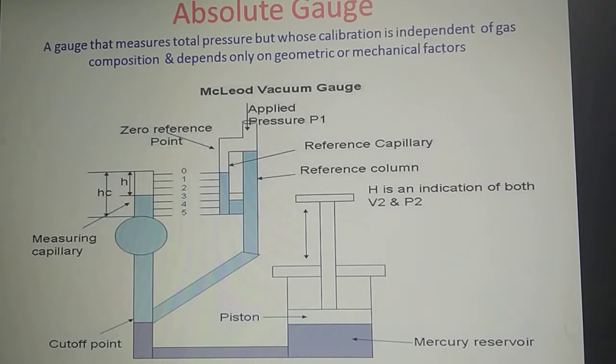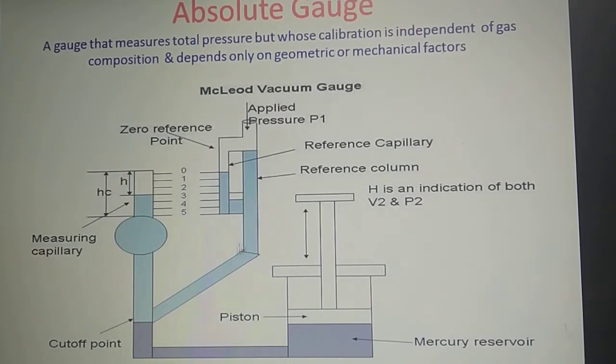This is the pictorial representation for the McLeod gauge, which includes a mercury reservoir and a piston, as you can see in the diagram. So this, you can see my cursor, is a mercury reservoir, and above it there is a piston, and this is a cutoff point. This is a reference column. This is a capillary, and within the capillary this is called the reference column, whereas this is a reference capillary wherein the scale is calibrated and there is a zero point.